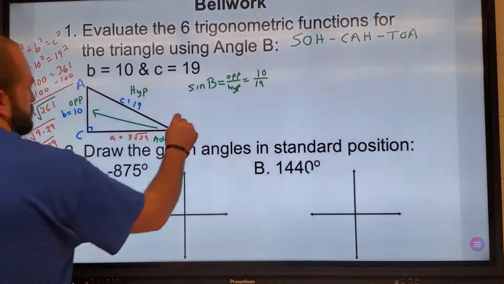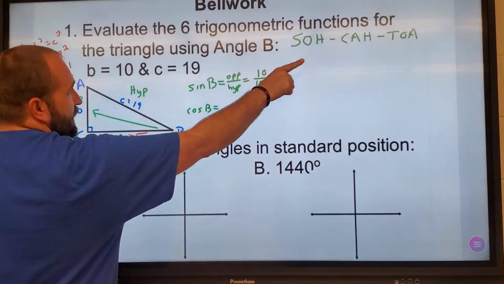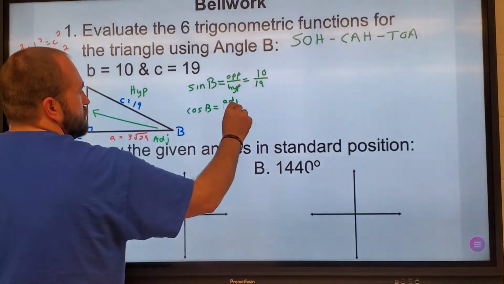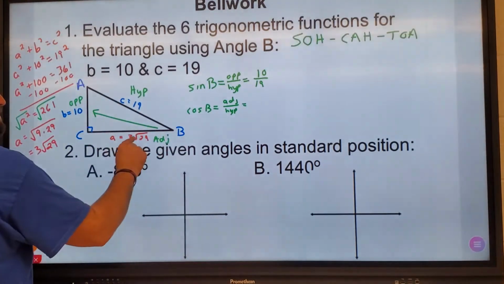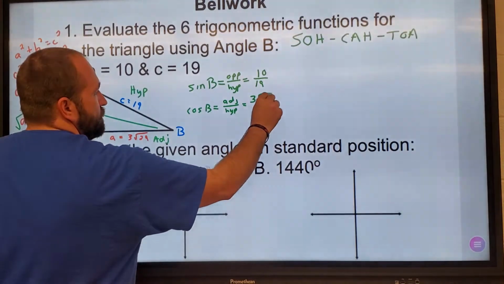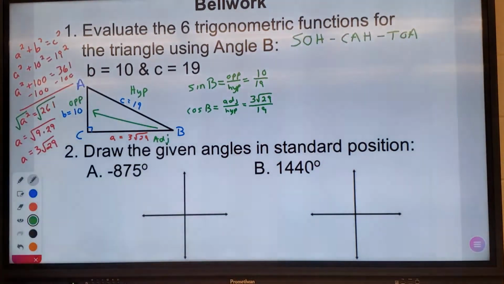Cosine of B is my adjacent over the hypotenuse, which the adjacent is the 3 square root 29 over 19.